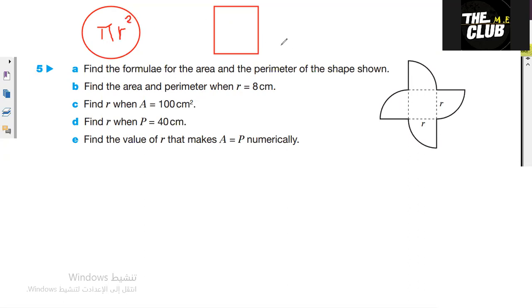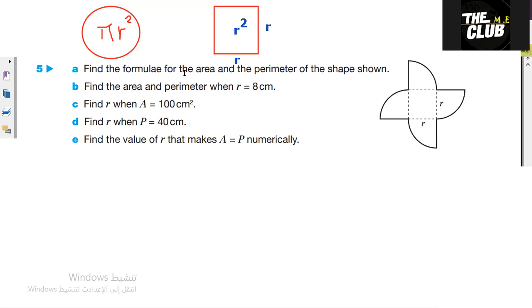And the area of the square is going to be width times length. And we know that the width is r and the length is r. So it's going to be r times r. So this one is r, this one is r. So it's going to be r squared. Okay, so we have the area of the circle and the area of the square.